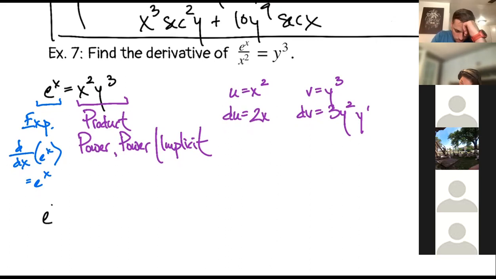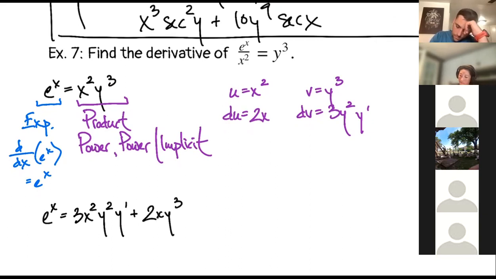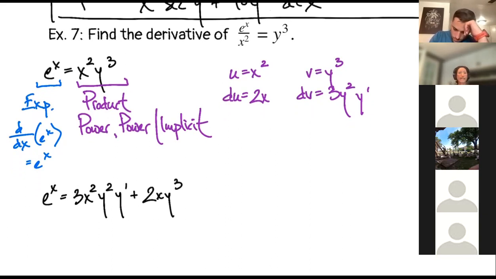We're going to have e to the x equals, let's see, 3x squared y prime plus 2xy cubed. All right. Now, before we finish the problem, let's make sure we're okay with this part, right? Let's do a double check. Did we miss any y primes? Did we use any rule in the wrong way?